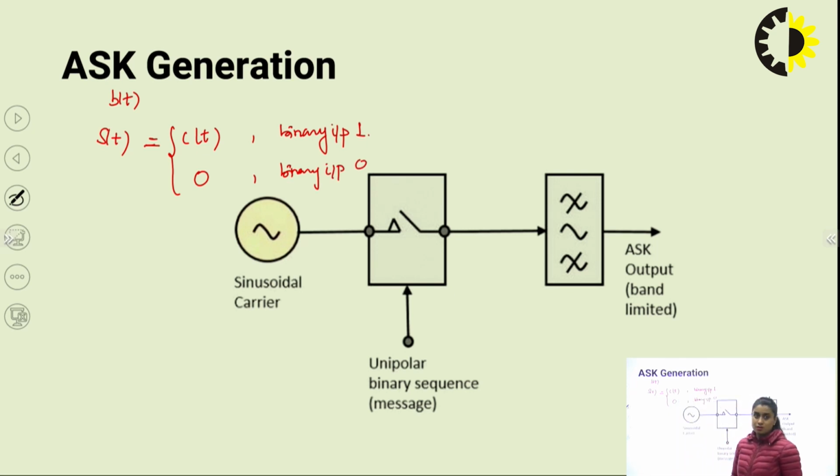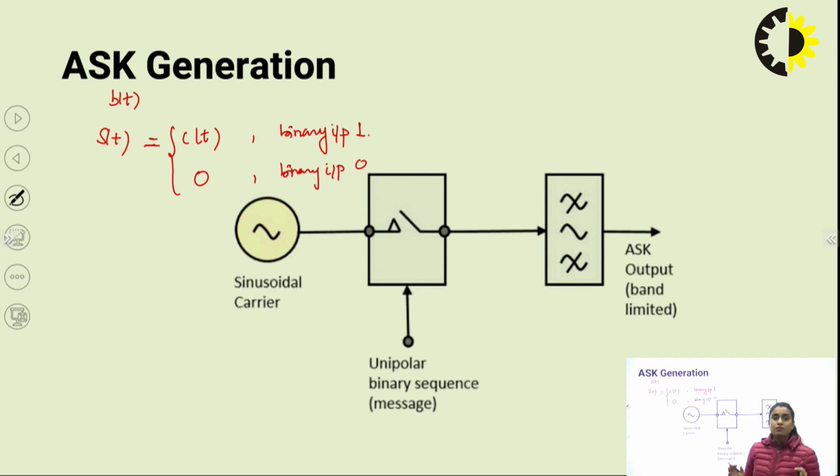So with B(t) I represent my message signal, a sequence of bits, and C(t) would be simply my sinusoid carrier. So simply my output is equal to C(t) when I give input which is binary 1, and when I give binary input 0, I should be getting 0.